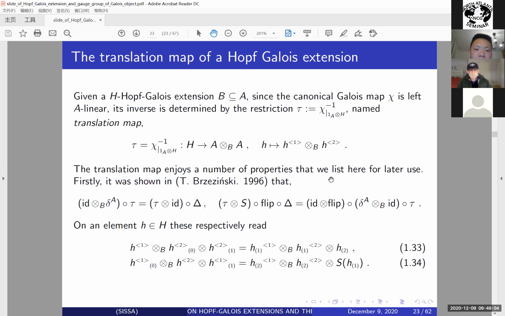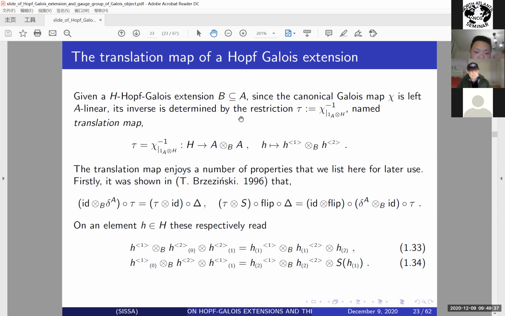So recall that there is a translation map also on the principal bundle, that is a map that measures the difference of the points on the same fiber. So dually, for a given Hopf-Galois extension B into A, since the canonical map is left A-linear, its inverse is determined by the restriction of chi-inverse on one tensor H, which is called the translation map.